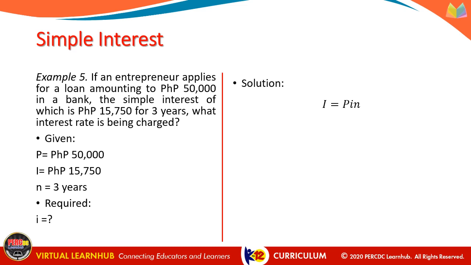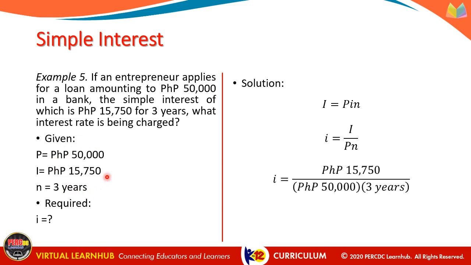Solution. From the formula interest earned I is equal to principal P times interest rate I times period N, we can say that interest rate I is equal to interest earned over principal P times period N. We just substitute the following given, and we will have 15,750 pesos over 50,000 pesos times 3 years.